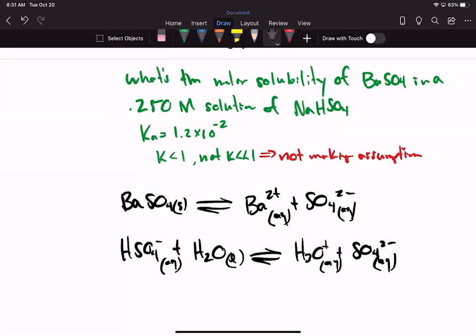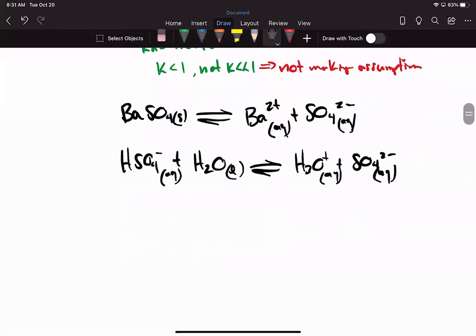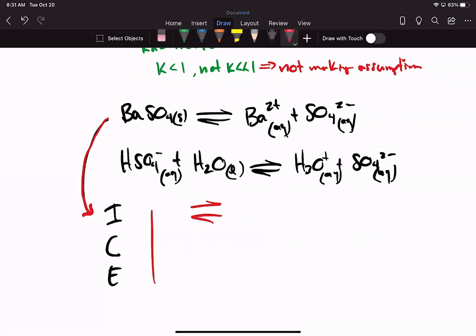All right, so we have some common ions here. And let's see, we have concentration. So here, I'm going to draw the ice table down here. So this is the ice table. I drew a little arrow for that.